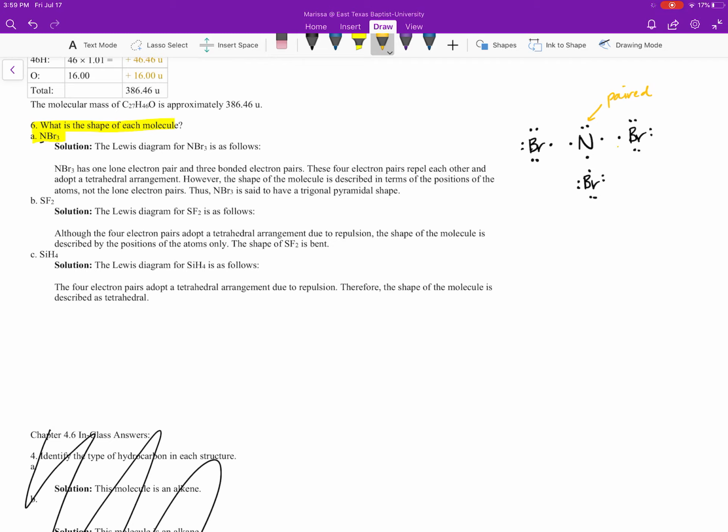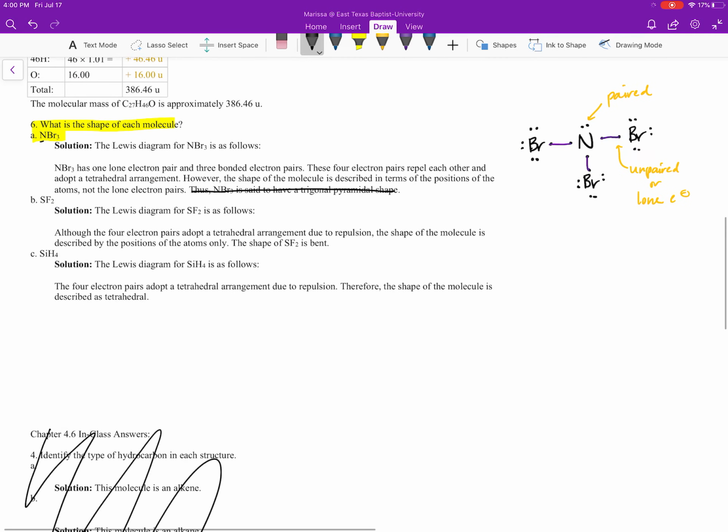Only the ones that are unpaired, or lone, electrons are going to form bonds. So in this case, I'm going to connect the lone electrons between each element to connect them with covalent bonds. I've done that with purple lines, and this is the Lewis structure. Now it tells you to predict the shape, but we're not going to worry about the shape. We are going to simply practice drawing the structures by connecting the dots.